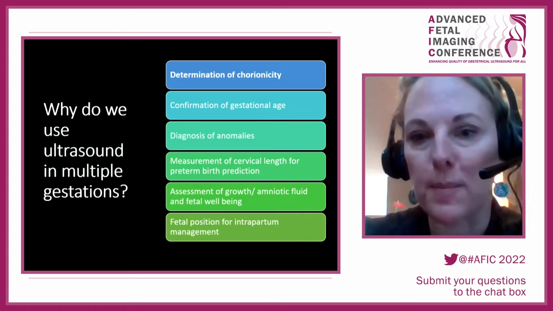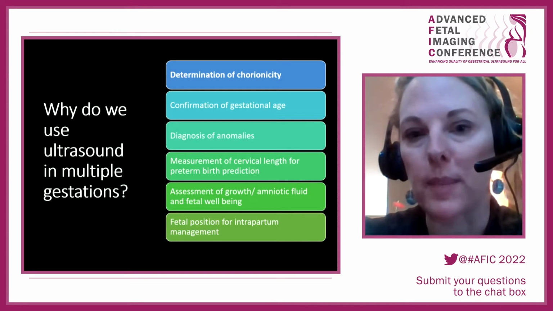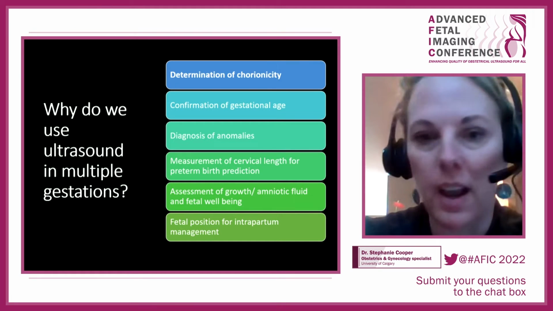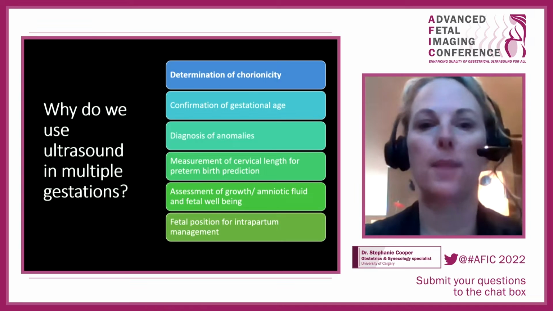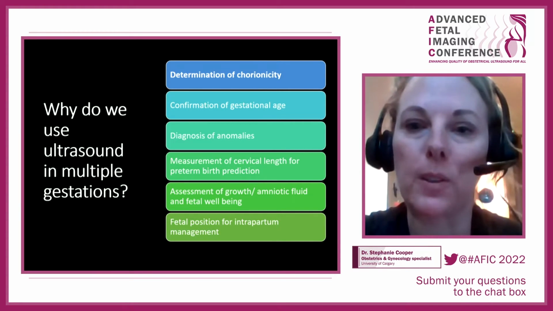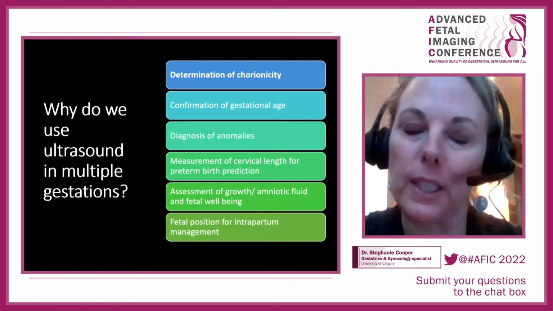This is even more important in multiples, because we often have early births of multiples, and therefore if we have a baby that's at the threshold of viability, we need a very accurate gestational age, but also because we do deliver these babies earlier.